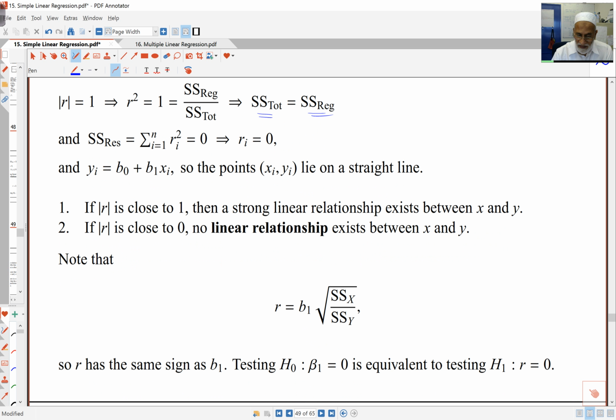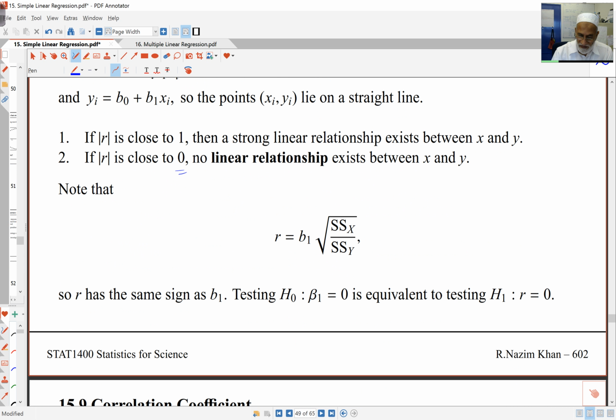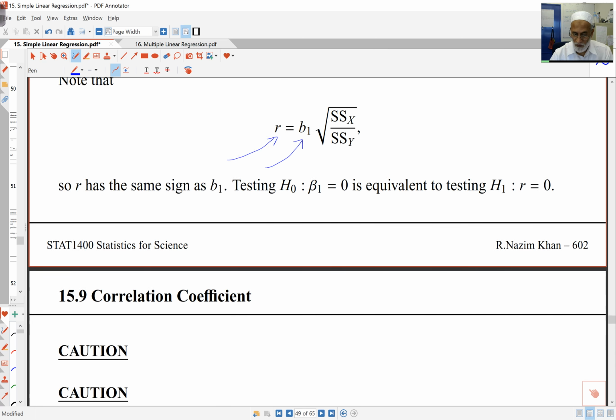On the other hand, if the regression sum of squares is small, that means that R will be close to 0, and there's nothing particularly interesting to talk about there. And further on, you can find that out for yourself. R actually becomes B1 times the square root of SSX over SSY. So you could, instead of doing hypothesis tests for B1, do a similar hypothesis test for R. They're the same in principle, equivalent. We won't do that here, though.